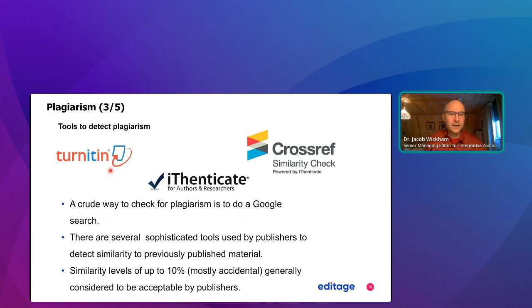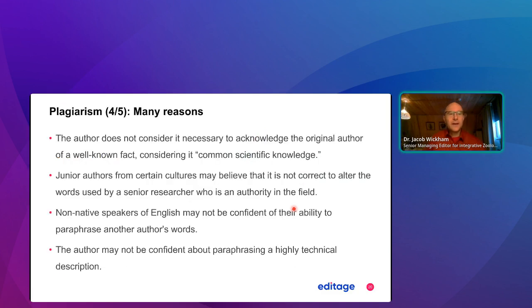Turnitin is good as well. But most journals use iThenticate and CrossCheck, and these are very sophisticated. I would actually say sometimes they are too sensitive, but to get around them, you have to paraphrase properly, in addition to citing properly.